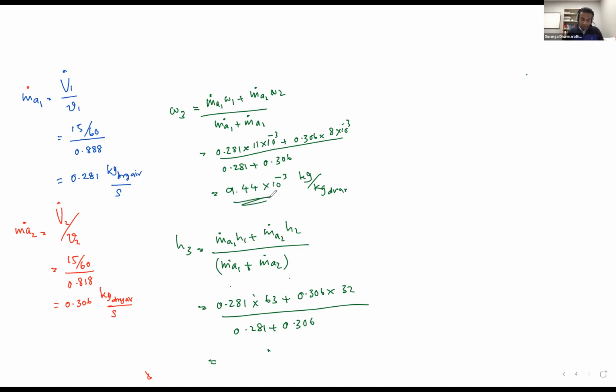And then we have 0.281 times 63 plus 0.306 times 32, divided by 0.281 plus 0.306. That is 46.84, so we have 46.84 kilojoules per kilogram of dry air.